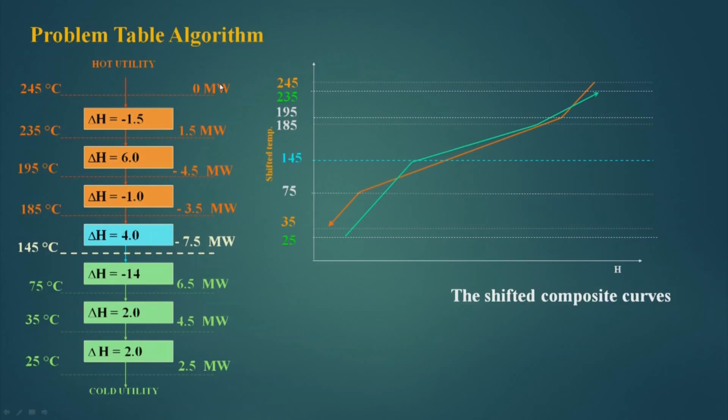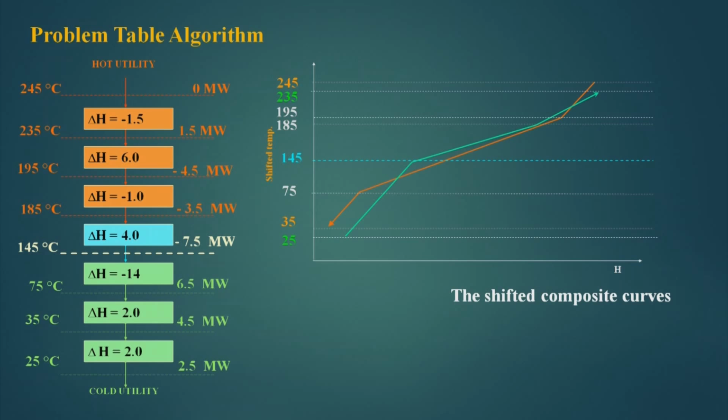In this case also the hot utility pushed to the system is 0 megawatt, and these values show that the cold composite curve is above the hot composite curve for a considerable length. So, from here to here it is over the hot composite curve, and this horizontal distance is minus 7.5 megawatt.